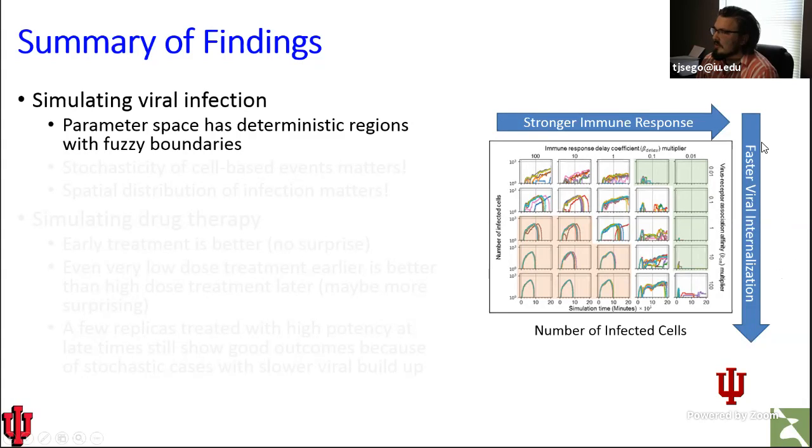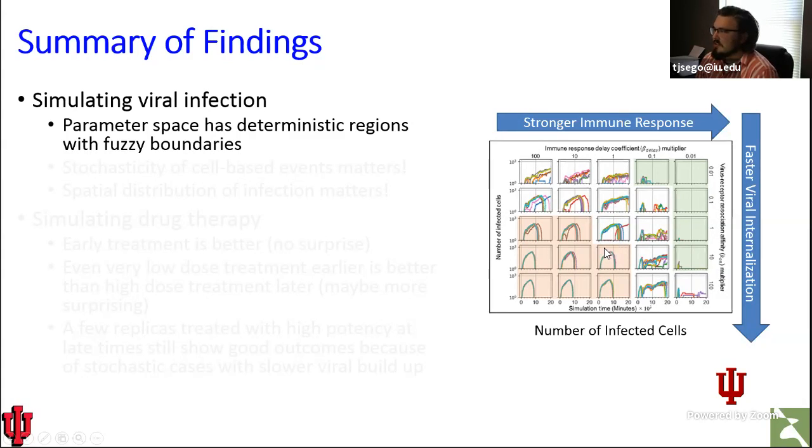So we vary a parameter along the rows, and what this amounts to is that for the same amount of exposure to extracellular virus, epithelial cells will internalize virus slower in the top row and faster in the bottom row. And for your reference, the baseline parameter set is the grid center plot in the middle of this grid.